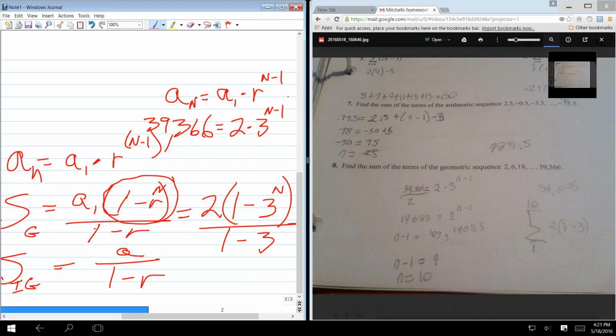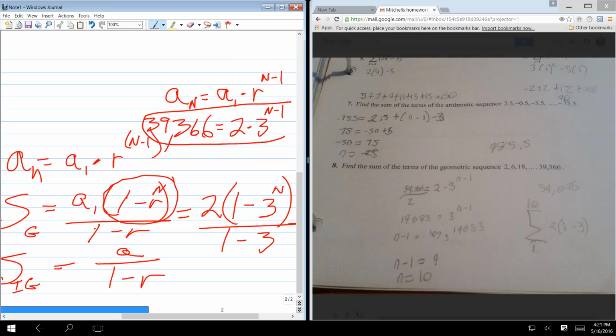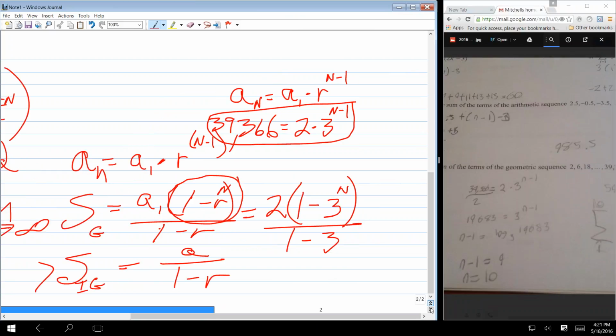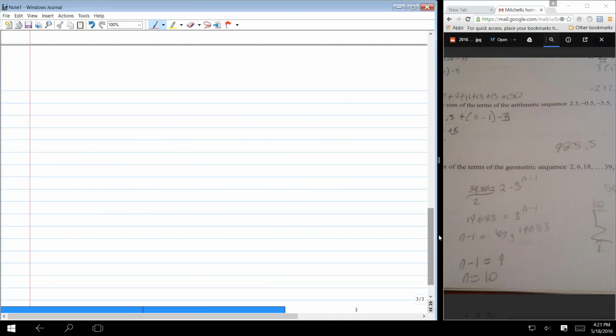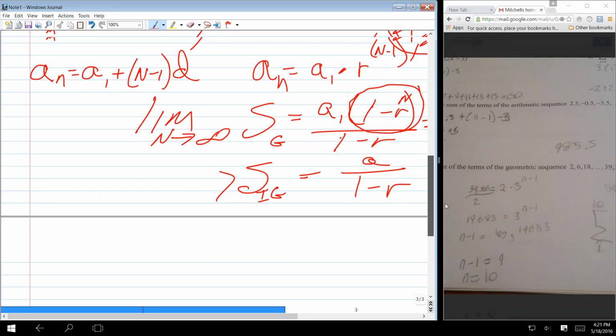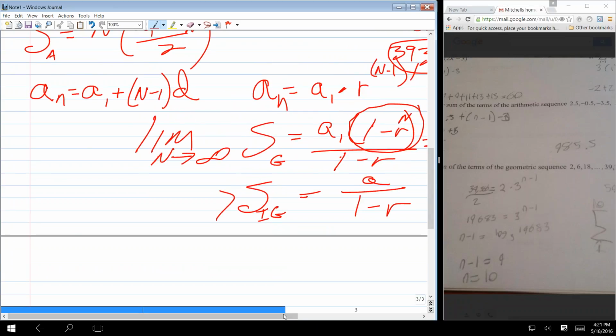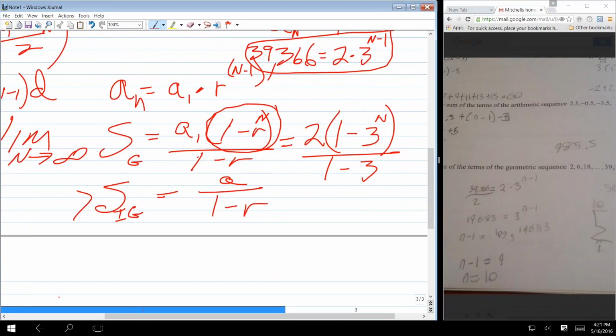Okay, how do we solve that for n? You could divide both sides by 2. Okay, that's a good start. Hold on. So we got 39,366 divided by 2 equals 3 to the n minus 1.